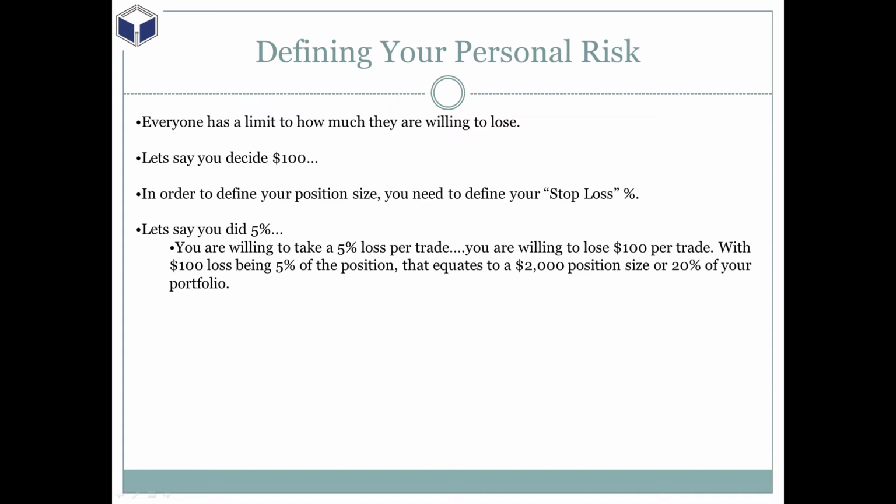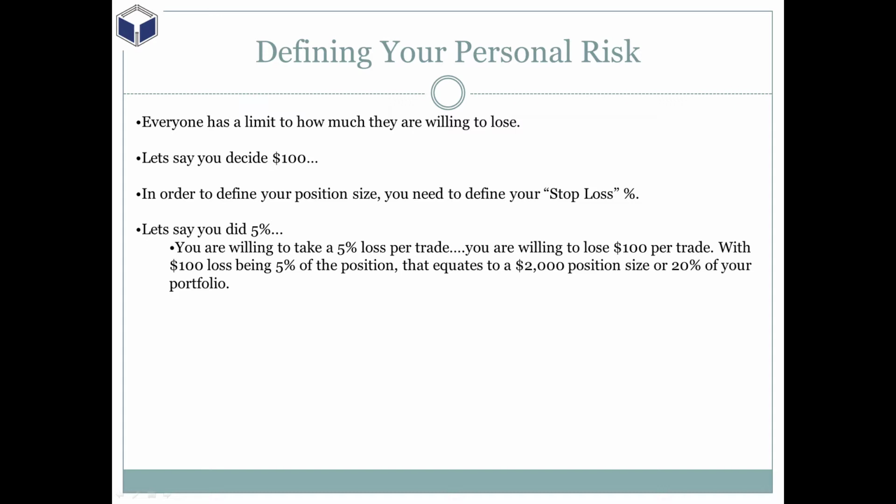You need to leave the position room to breathe, room to move. If your entry price is, say, $50, you need to give it room to fluctuate to like $50.20 and maybe down to $40.90, and it's going to do its little waves before it gets to where you want it to get. So you need to give it room to breathe.